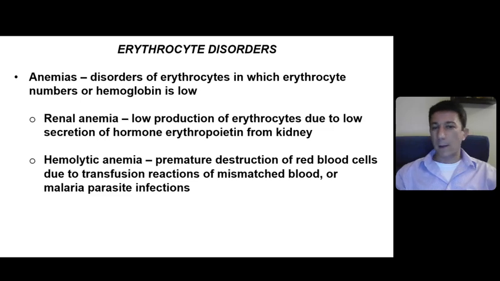Or malaria parasites can also cause hemolytic anemia because part of the malaria parasite's life cycle involves replicating itself in red blood cells. And when those red blood cells get so filled with the parasites, they literally rupture and are broken and destroyed. Both of those situations represent situations in which red blood cells are destroyed.